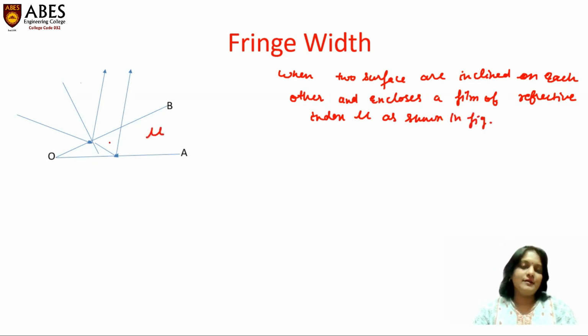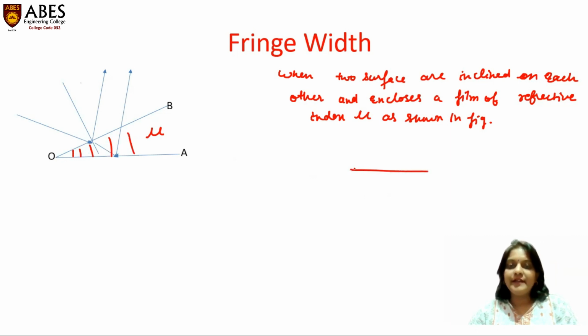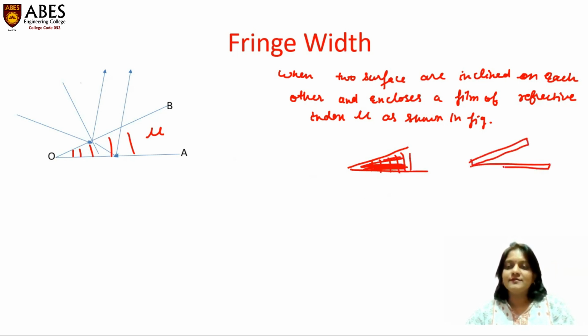This is the film of any material which has the refractive index mu. Suppose these are the two glass surfaces and some transparent medium is enclosed between these two surfaces.